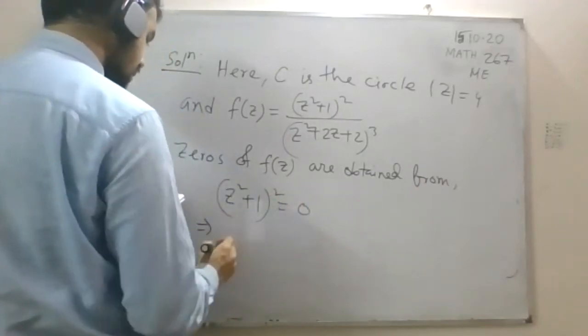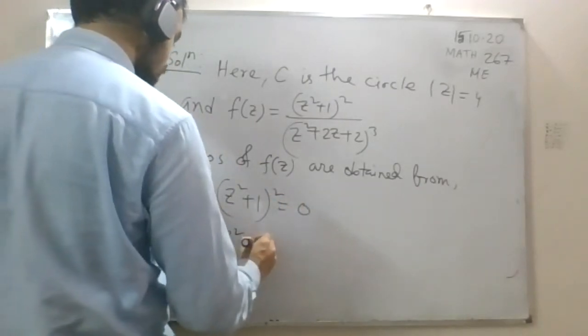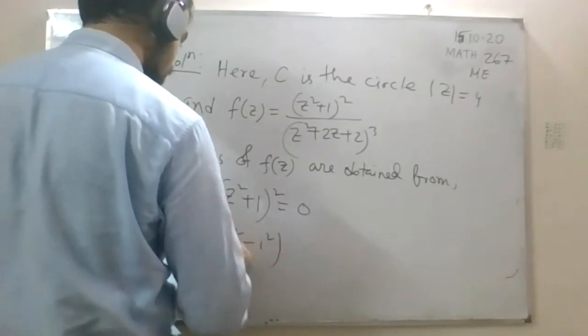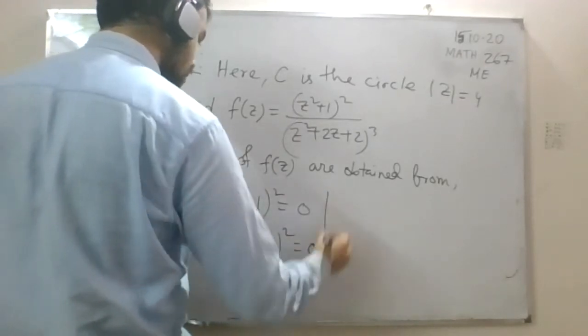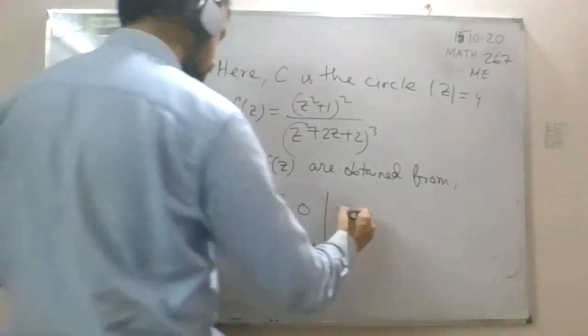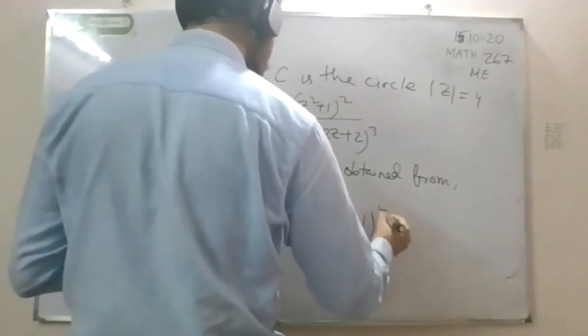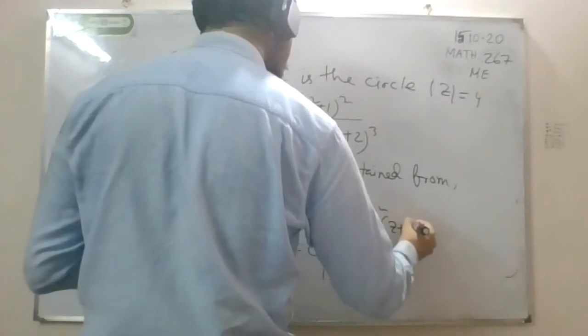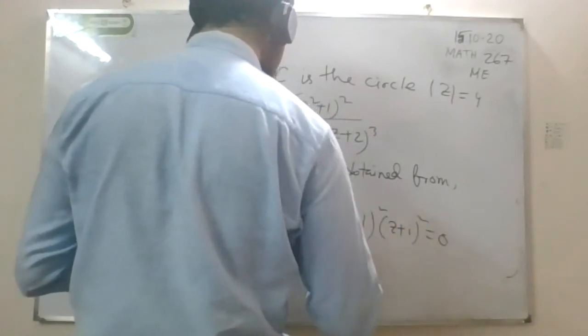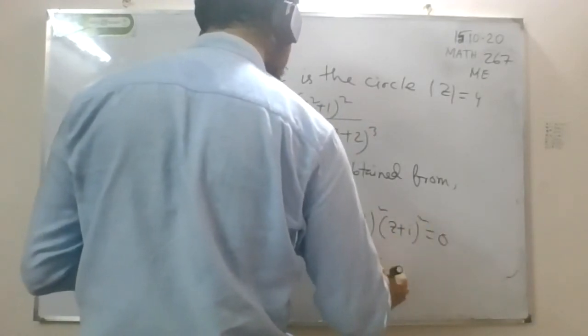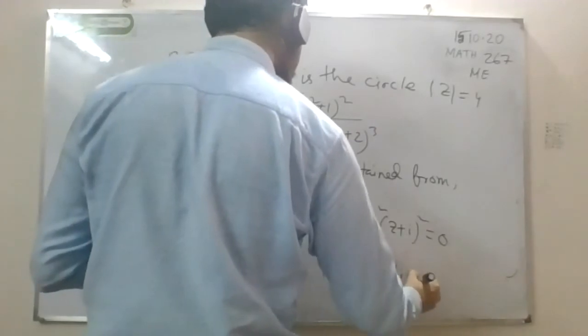So from here, you can say z square minus i square, and also you can write minus i square, so plus i. So from here you can say this is minus i, minus i, and i.